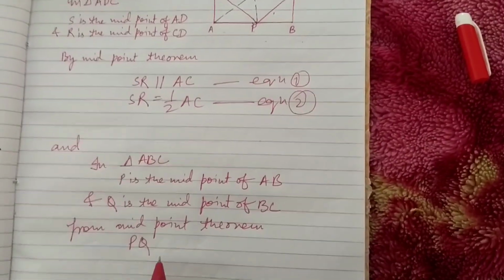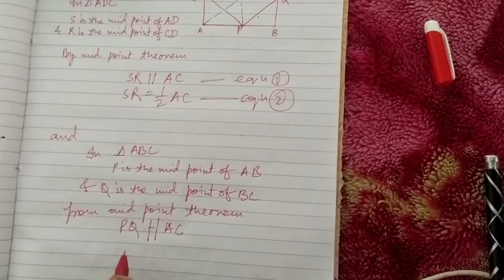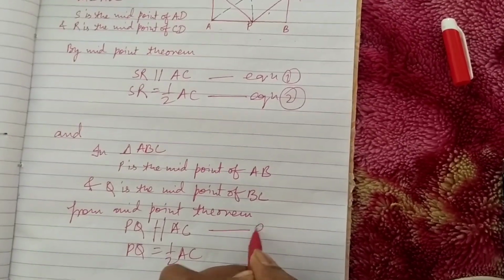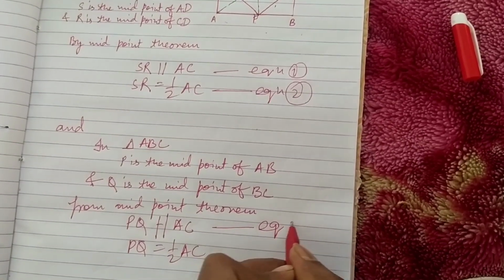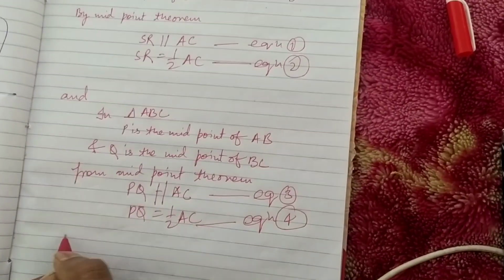PQ will be parallel to AC and PQ will be half of AC. Make it equation number 3, equation number 4.